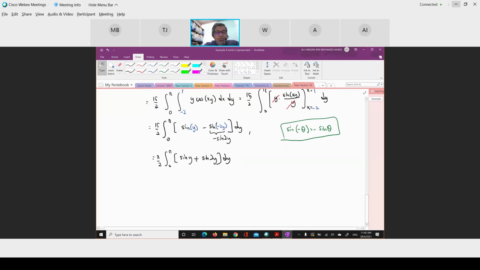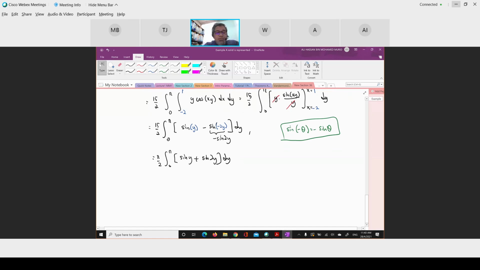For this triple integral, the innermost integral must be with respect to z, because z has upper and lower limits as functions of x and y. And then we integrate over R.